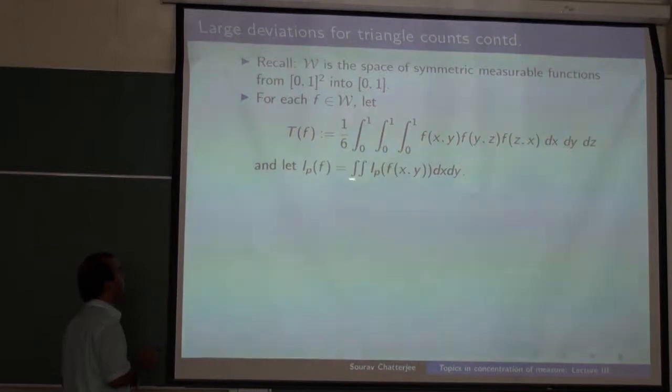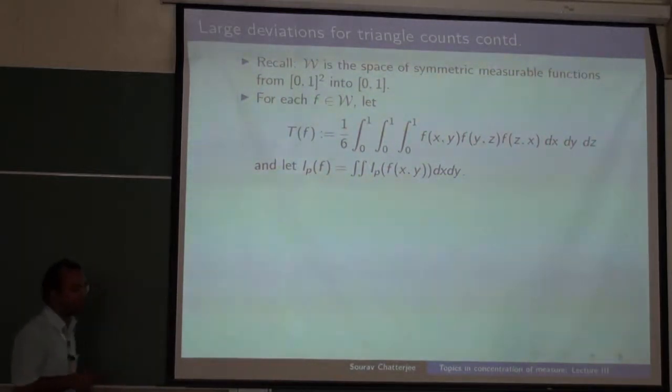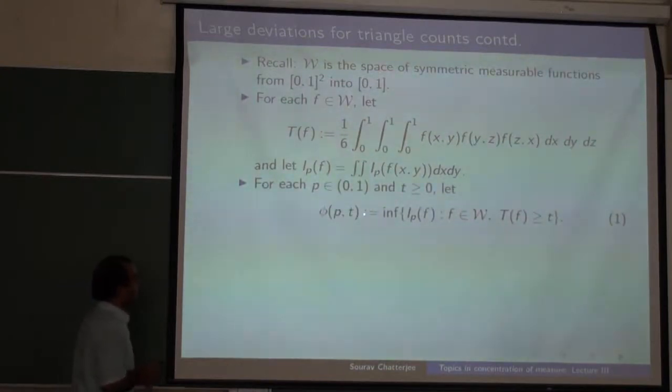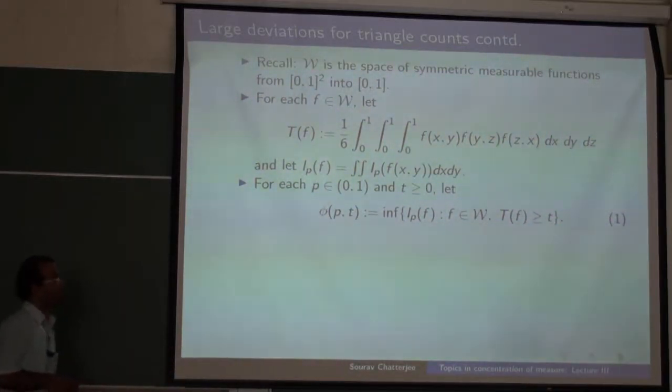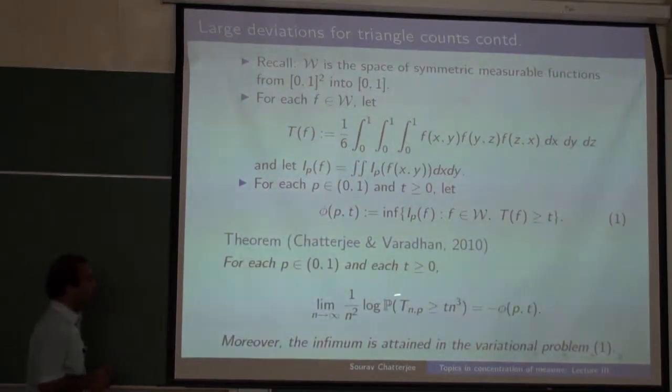And I_p(f) is the integral of I_p(f(x,y)), where I_p was your entropy function. You define phi(p,t) as the infimum of the entropy over all f satisfying T(f) bigger than or equal to t. So you take all functions where this is bigger than t and you minimize your entropy. And here is the result, that this limit is precisely minus phi(p,t).